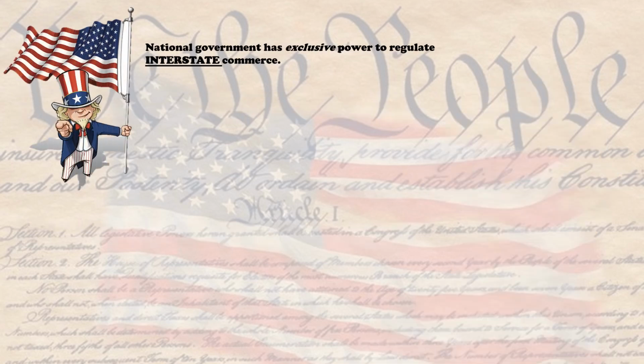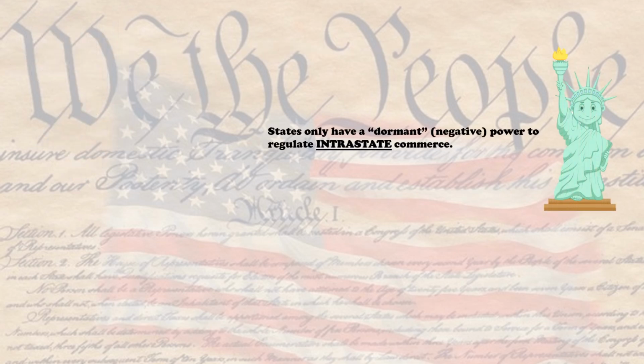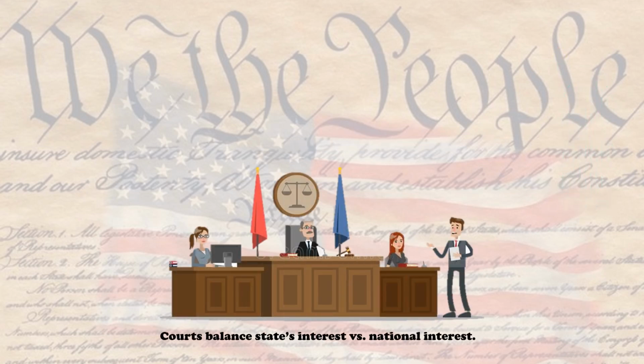Now, once again, the national government has the exclusive power to regulate interstate commerce. State governments only have a dormant negative power to regulate intra-state commerce, commerce within the states.